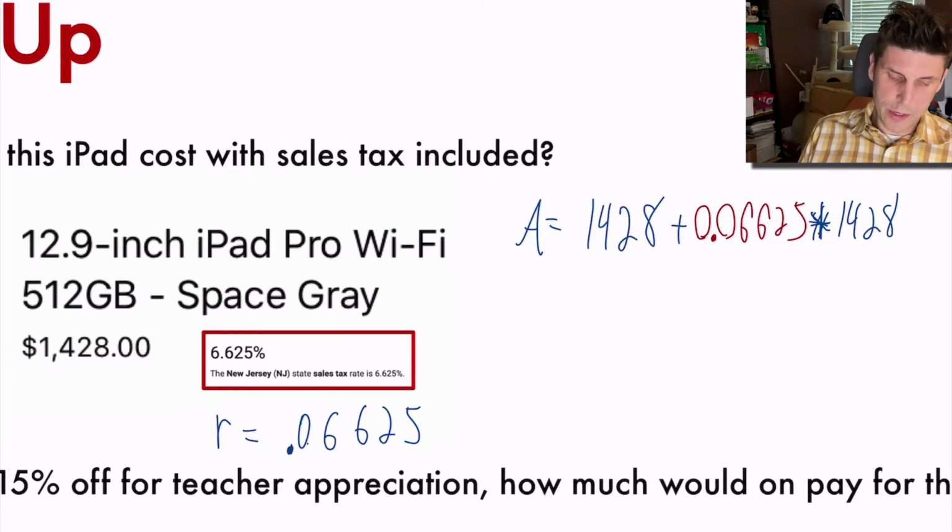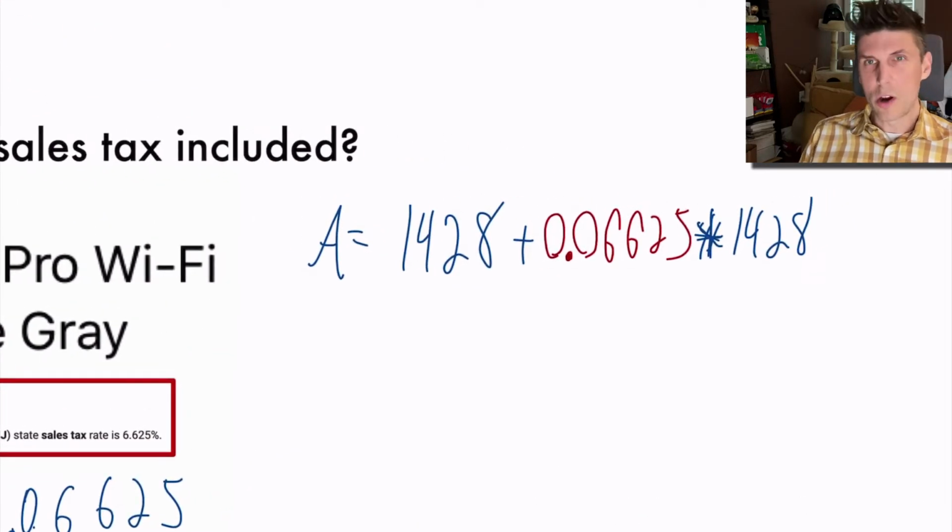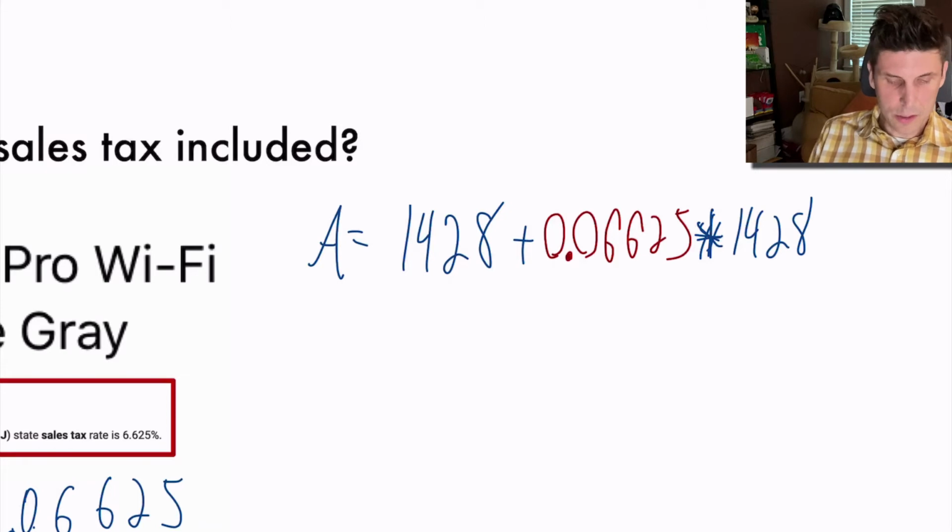Now, since we're more interested in just the total cost and not actually really knowing what the tax is, I would like you to note that you can factor 1,428.